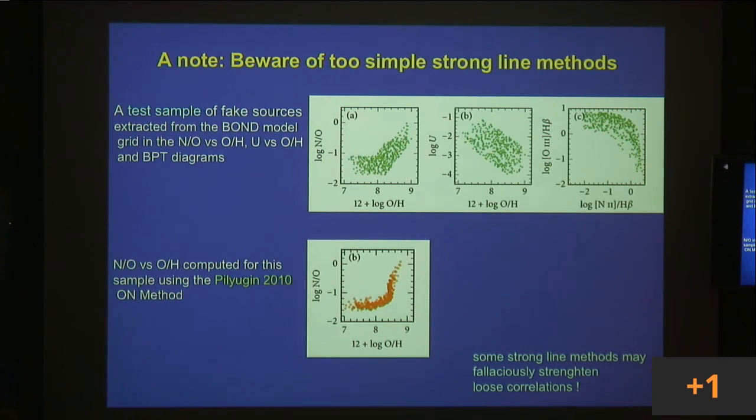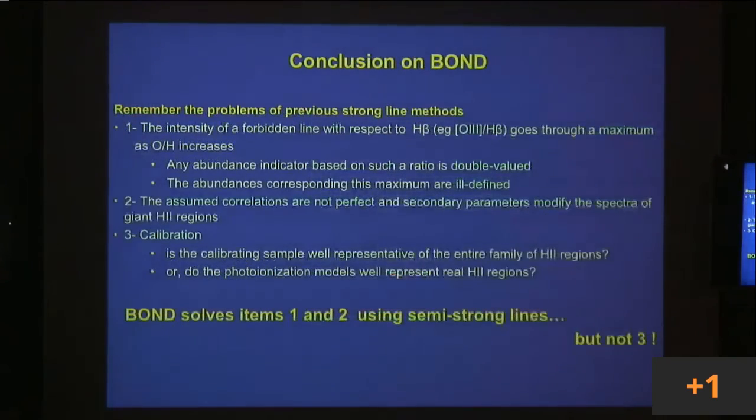So this is important because very often people have the impression that, okay, the strong line method gave this, so the N2O and O2H are very well correlated, but it's a method which does this. Okay, so now, conclusion on BOND.